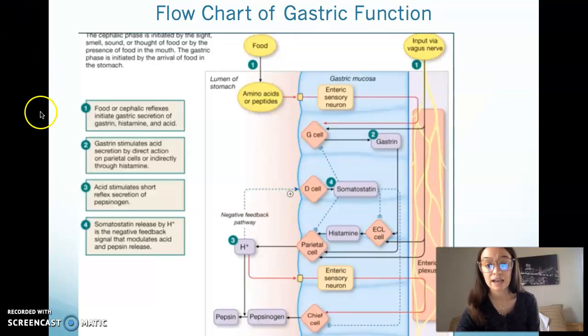Gastrin stimulates acid secretion by direct action on parietal cells or indirectly through histamine. So we're at this portion of the diagram here. The acid stimulates short reflex secretion of pepsinogen. Now, pepsinogen is the inactive form of the enzyme pepsin, which we'll discuss soon. And the somatostatin released by D cells is the negative feedback signal that modulates acid and pepsin release.